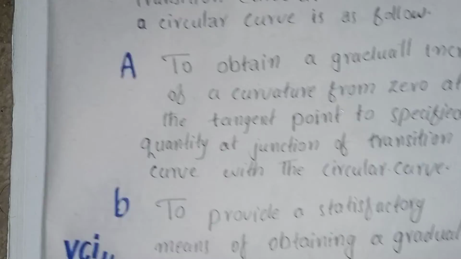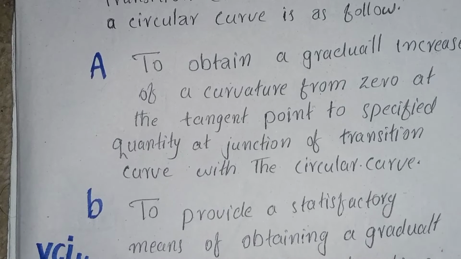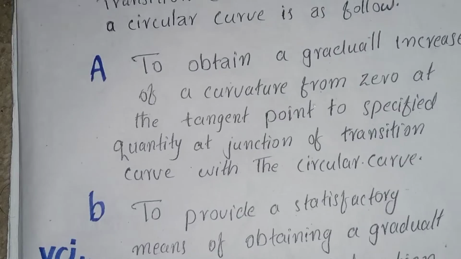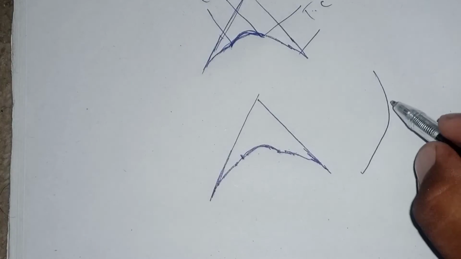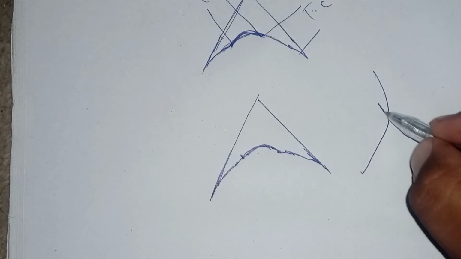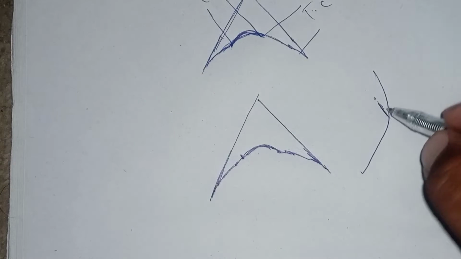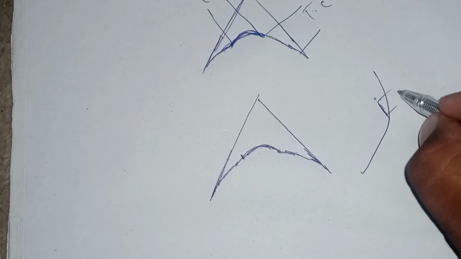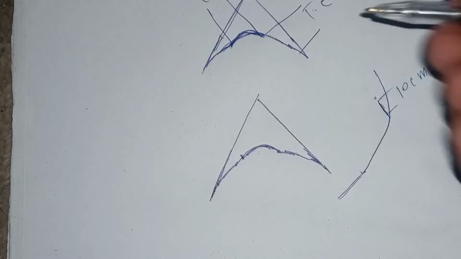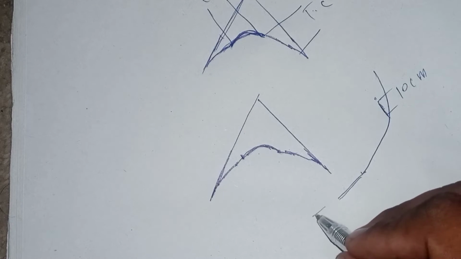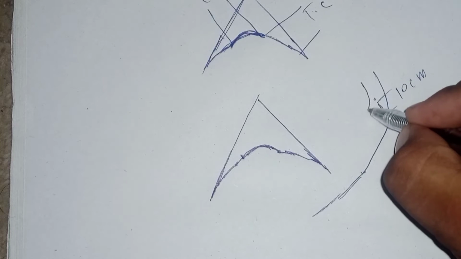Second, to provide a satisfactory means of obtaining a gradual increase of super elevation from zero on the tangent to the specified amount on the main circular curve. Suppose this is a road and we provide super elevation, with a height of, say, 10 centimeters at the center. Here is a transition curve and here is a circular curve.